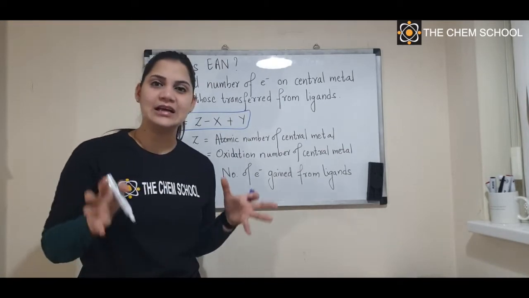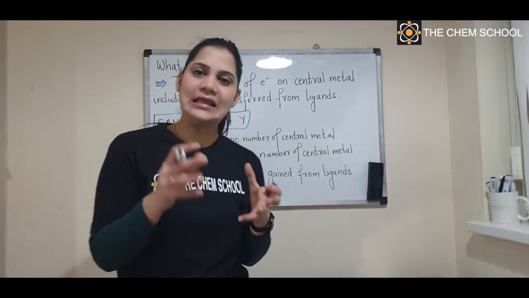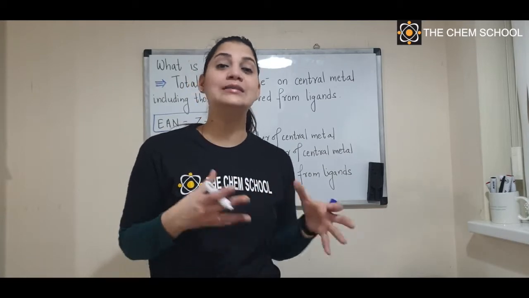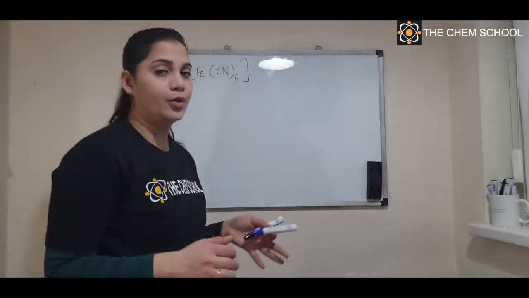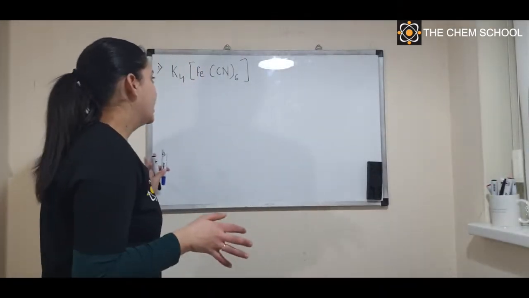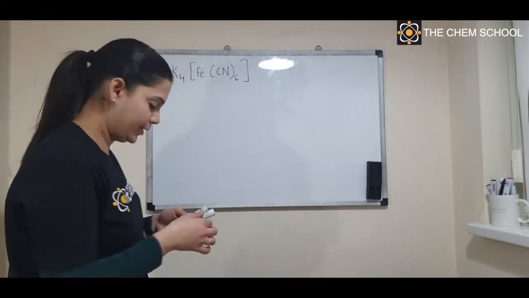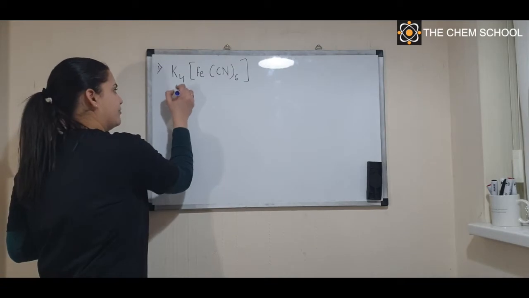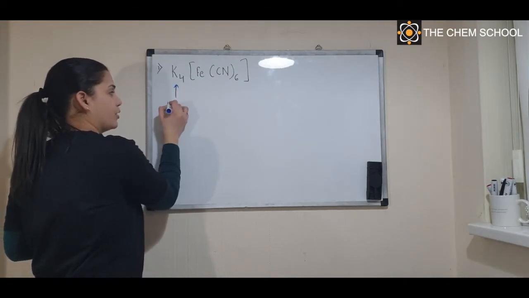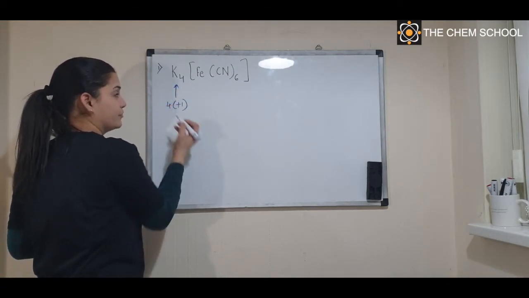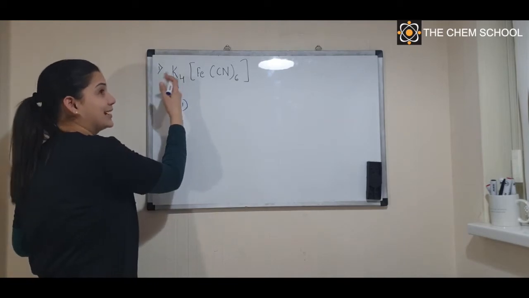So let's start taking some examples and calculating them to understand the concept in detail. Before calculating the EAN, let's try to find out the oxidation number of Fe, okay? So now we know that K4 is 4 into plus 1 for potassium. These are cations.